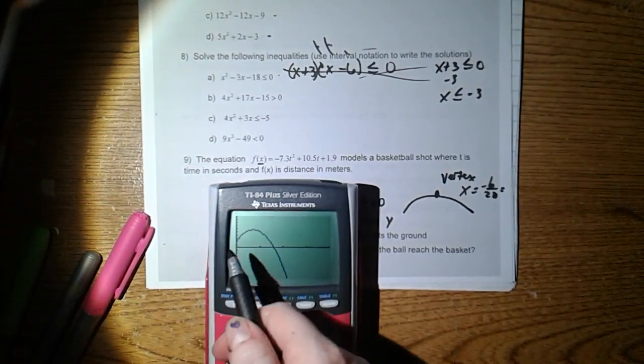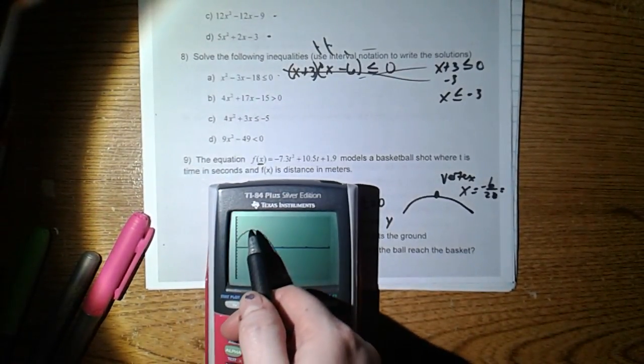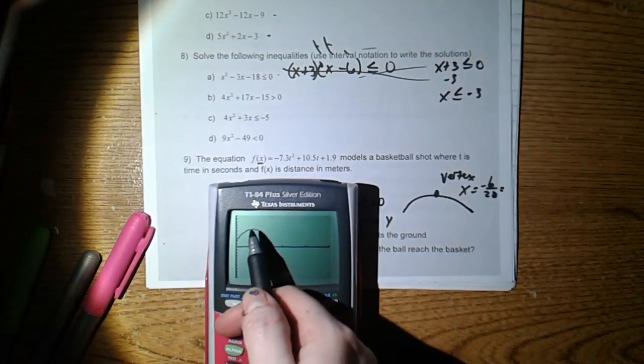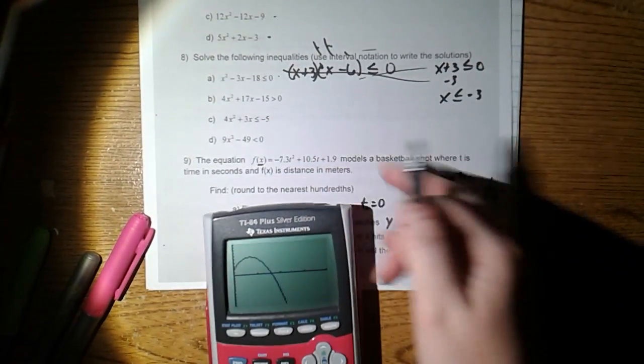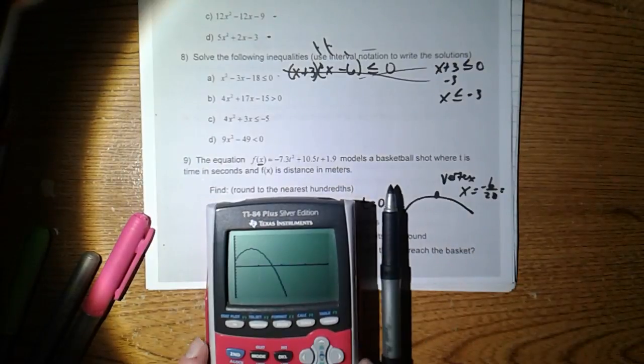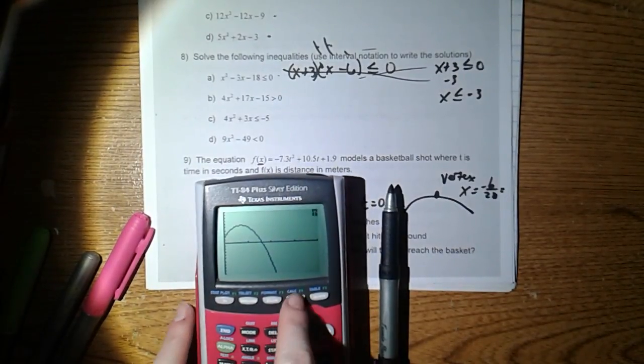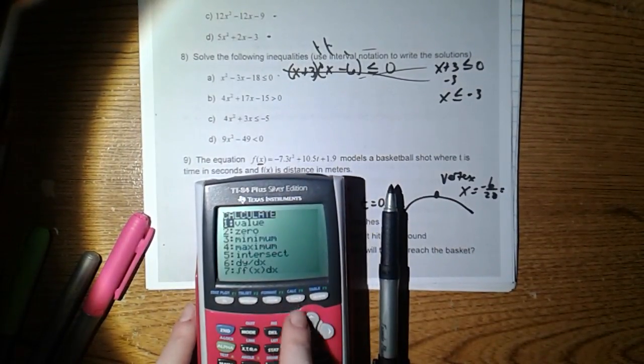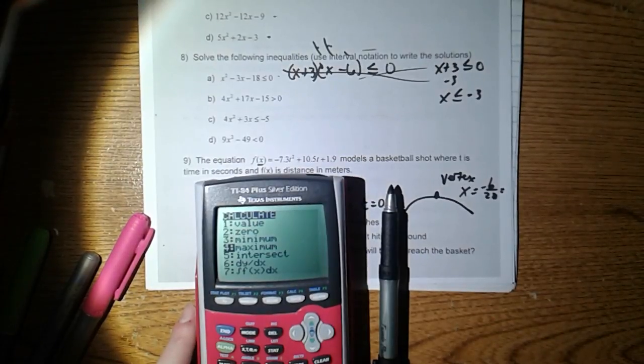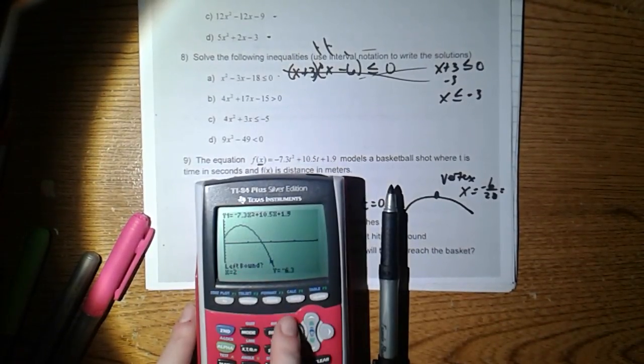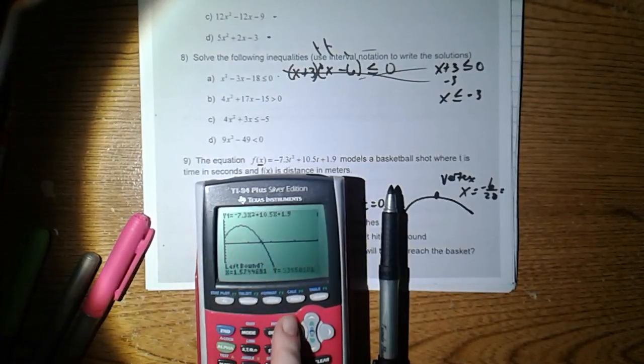Okay, see, this is where we started throwing it. This is your maximum value. That's where your x is going to be negative b over 2a, or you could do this. Second, calculate, and go up to the maximum. Left bound is going to be left of this point here.